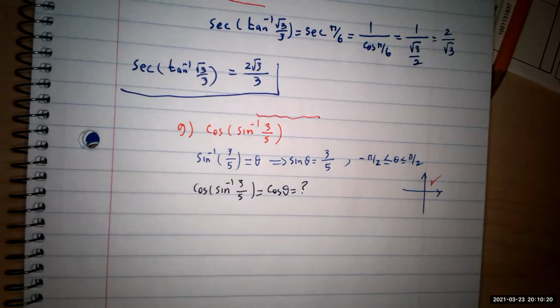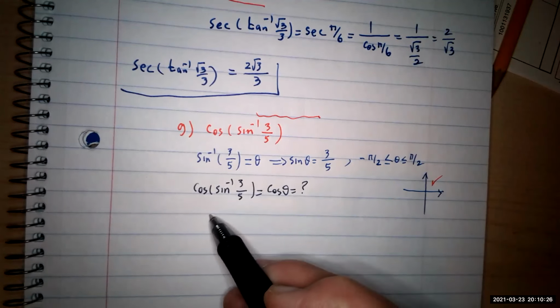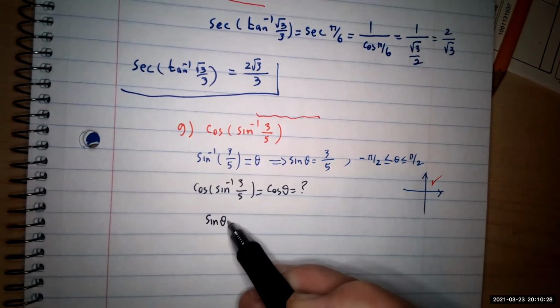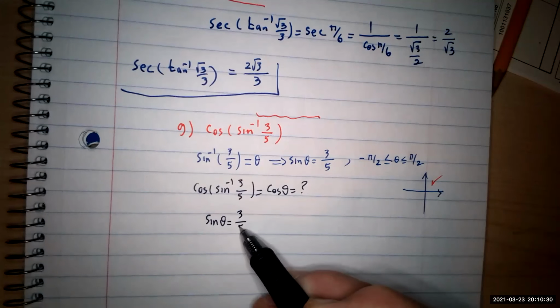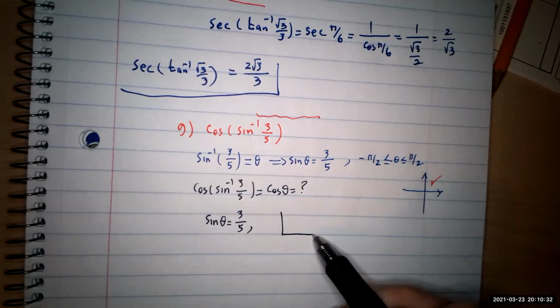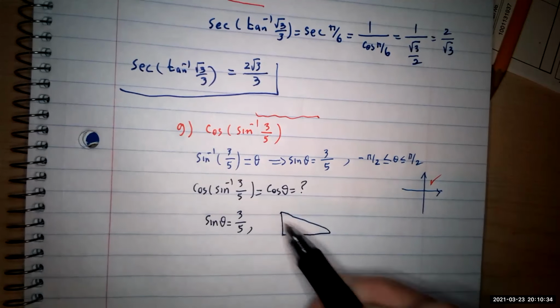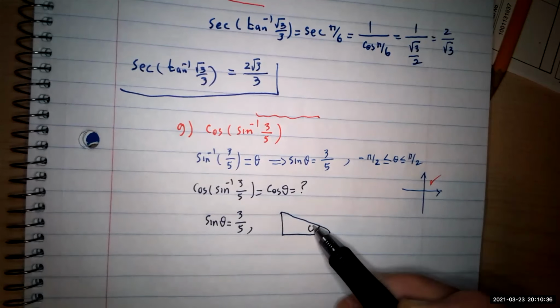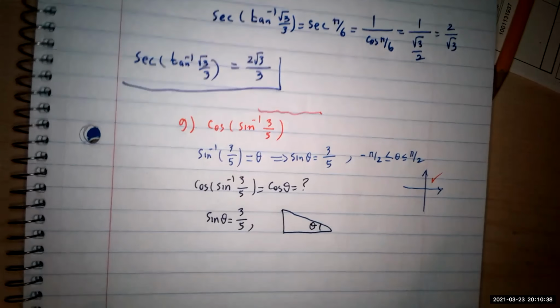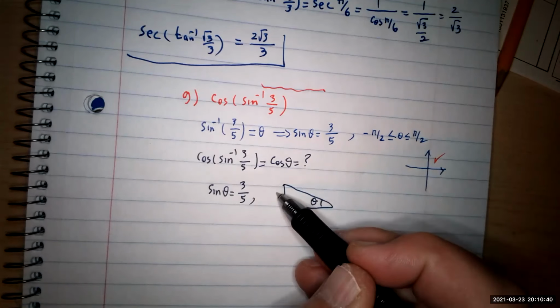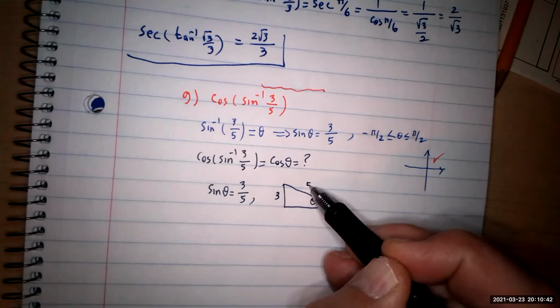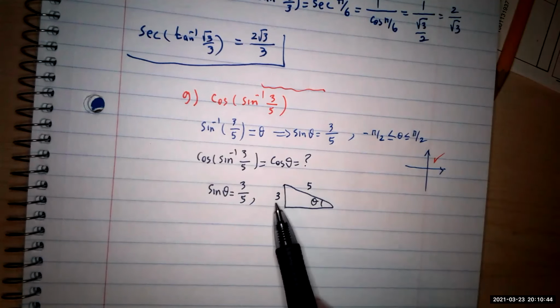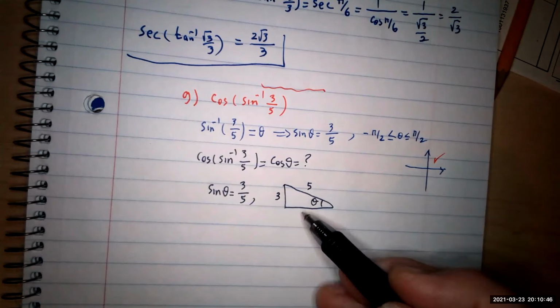Now it's easy to find: you use the right triangle to get the cosine right away. Sine of theta is 3/5, so in a right triangle, with this angle theta, the opposite side is 3 and the hypotenuse is 5. 25 minus 9 is 16, so the adjacent side is 4.